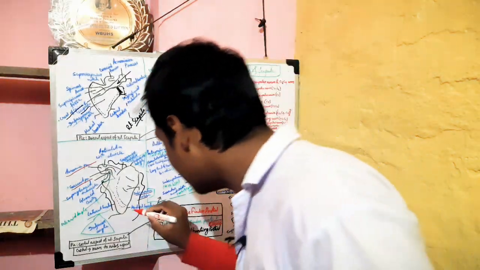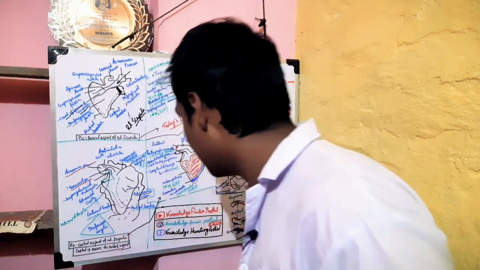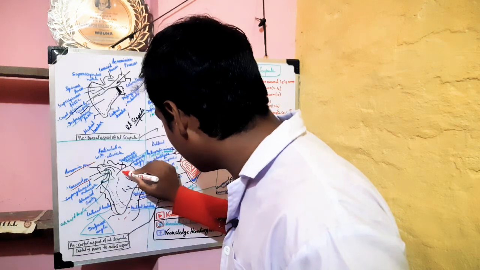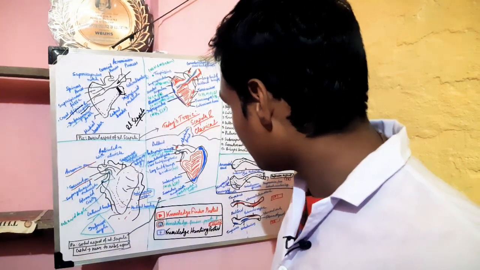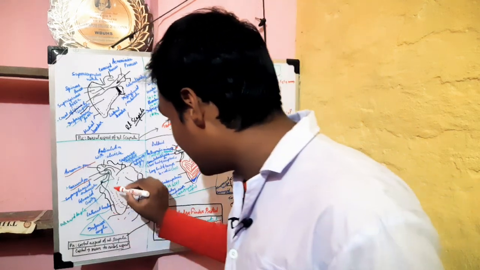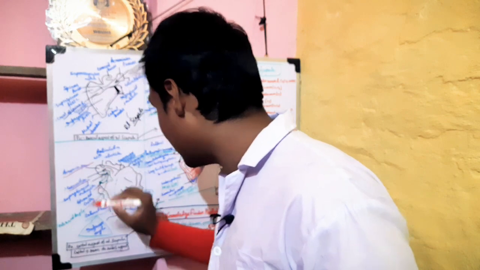This is the inferior angle. This is the superior angle. And this is the glenoid angle, or lateral angle, where the joint is.